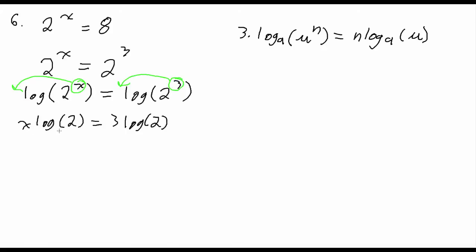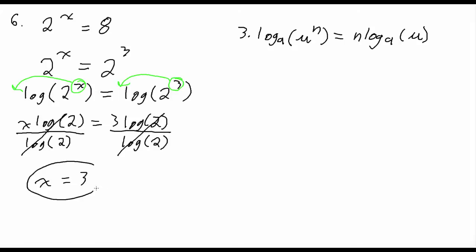Well, guess what? Now we have a common term on both sides, and if we divide both sides by the log of 2, the log of 2 will cancel out on both sides. You can just cross it out. And then you're just left with x equals 3, which is again the answer to our problem number 6.